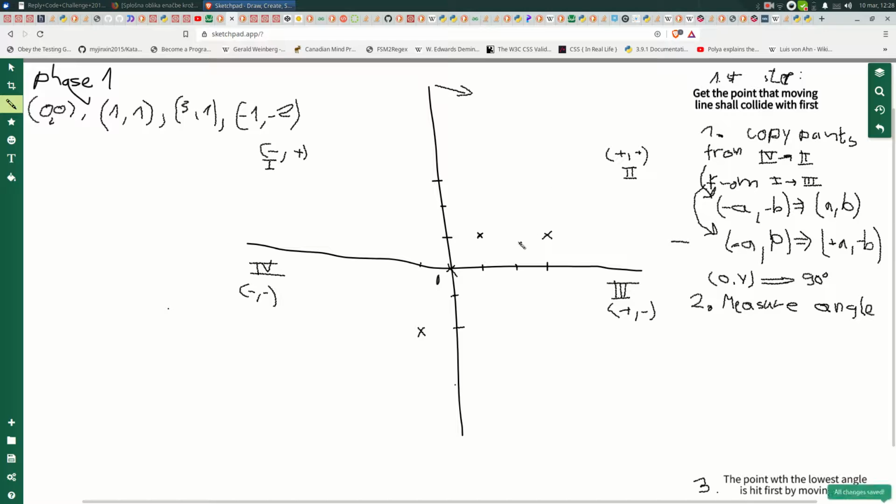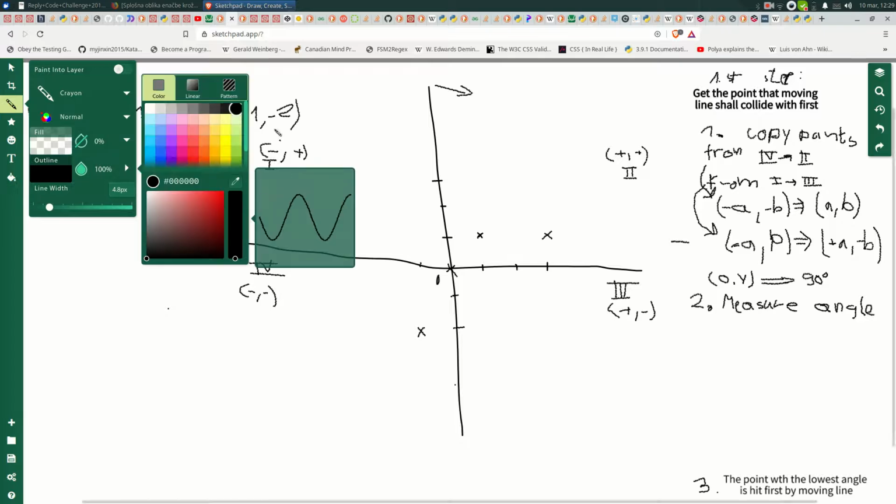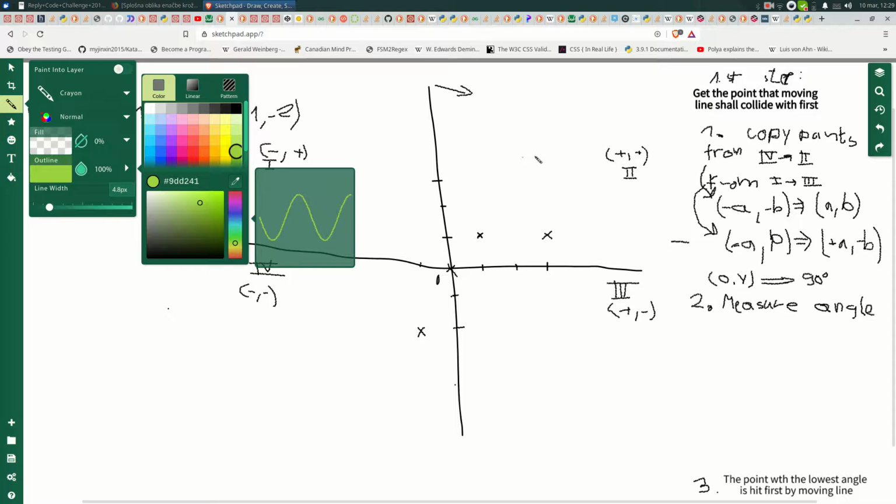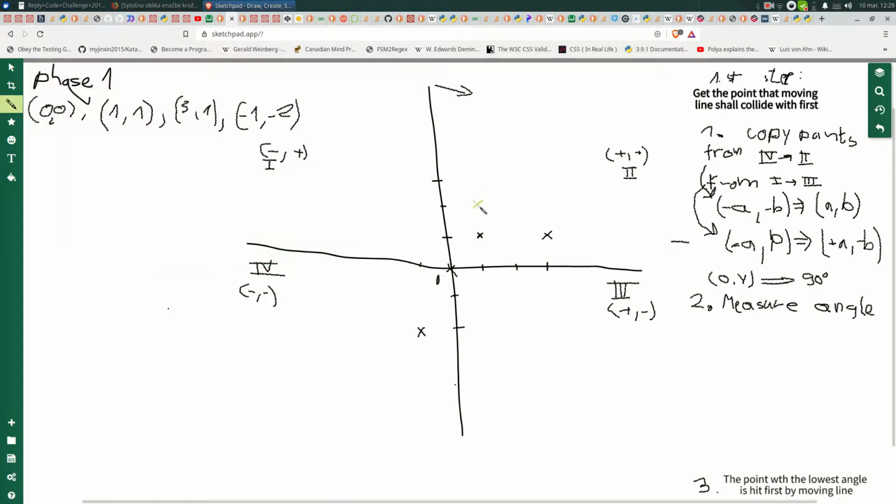We say, and this is also here, so this is copied over here. I'm gonna make a different color for the copied ones. Let's make green. That shall be copied over here, and that's it.